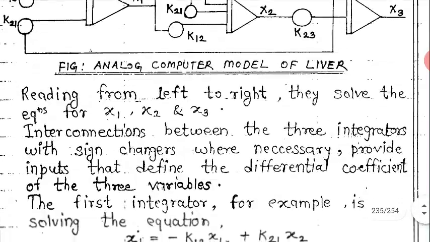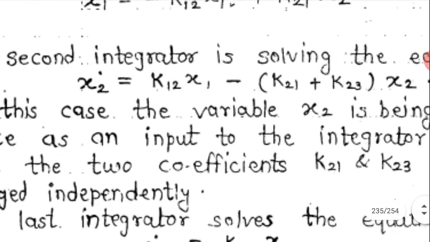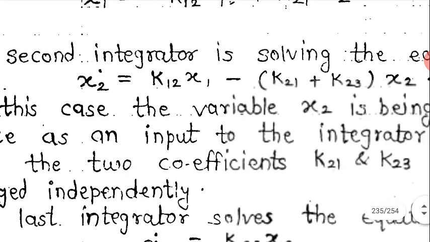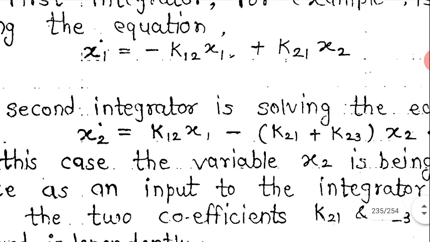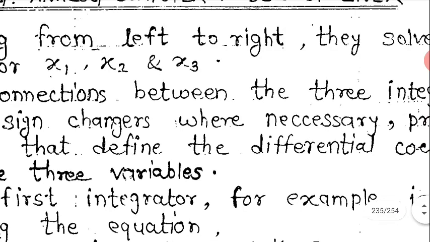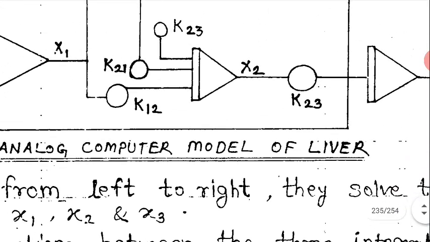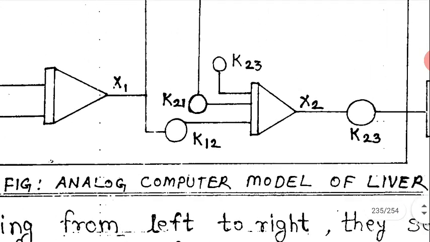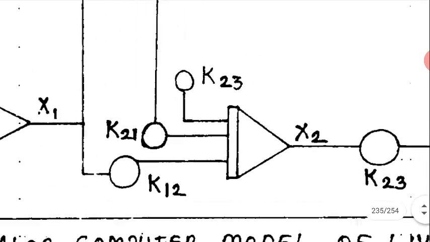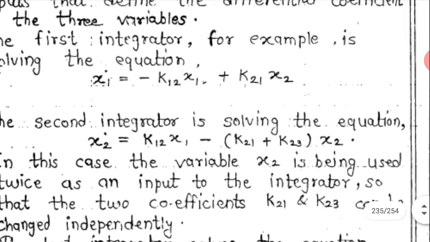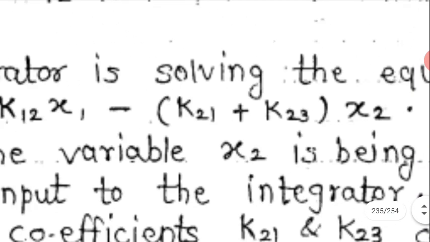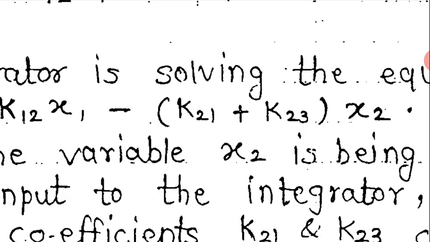So here we get x2 dot is equal to k12 into x1 minus, so here x1 dot is added over here with the extra k23 added in x2, so it became minus k21 plus k23 into x2.